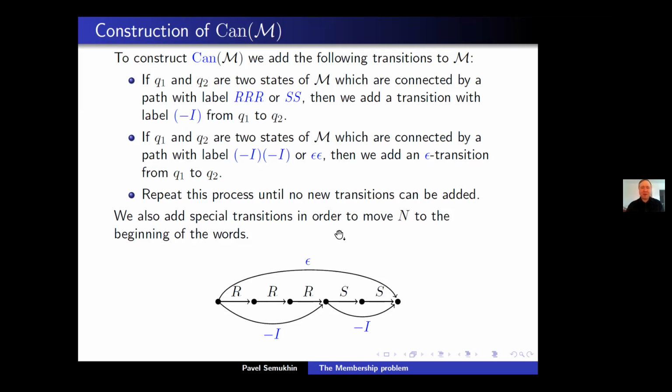We apply this procedure to the automaton M until we cannot add any more new transitions, and this essentially gives us the automaton can of M. Optionally, we can remove all non-canonical words from the language, because the set of canonical words is a regular language.